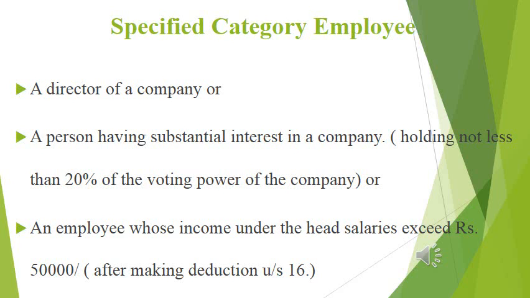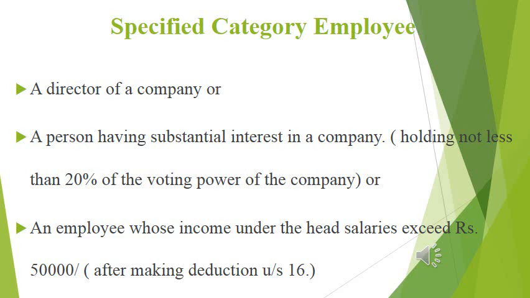We already discussed this substantial interest in our previous lessons while we were discussing basic concepts of income tax. At that time we discussed what is meant by substantial interest. I already told you this is an important question for your exam for a one mark question. What is meant by substantial interest? Those persons who have a substantial interest in the company are called specified category employees.